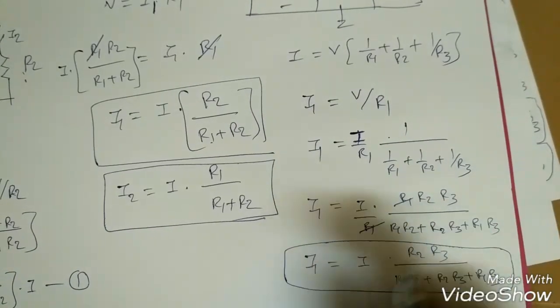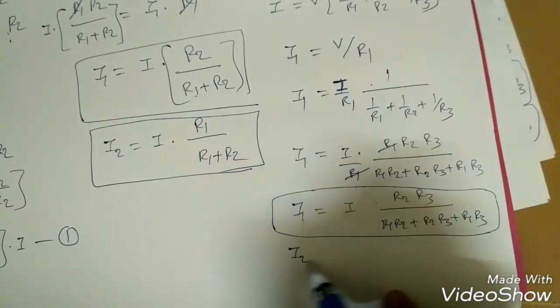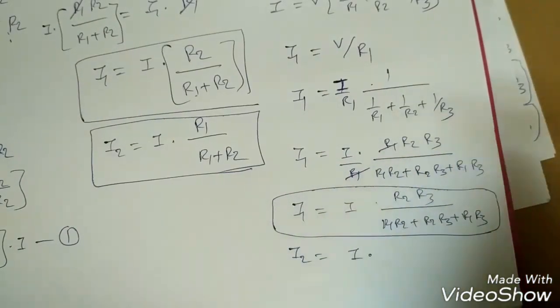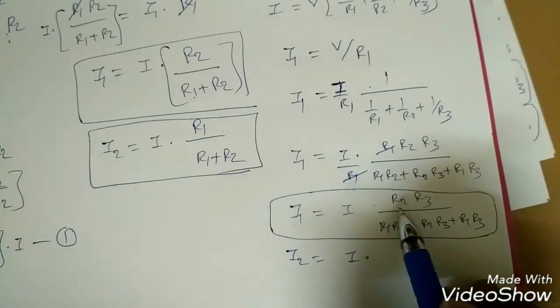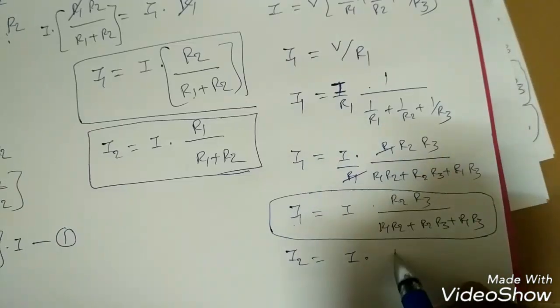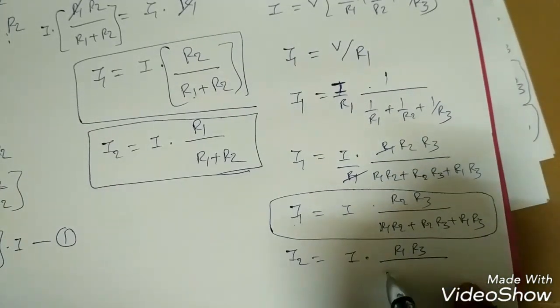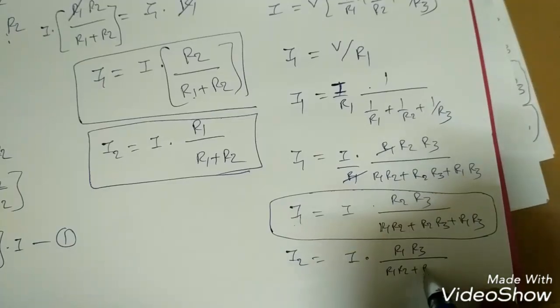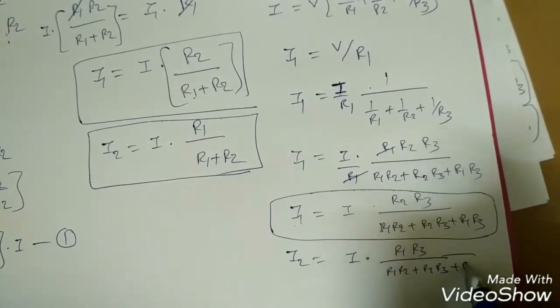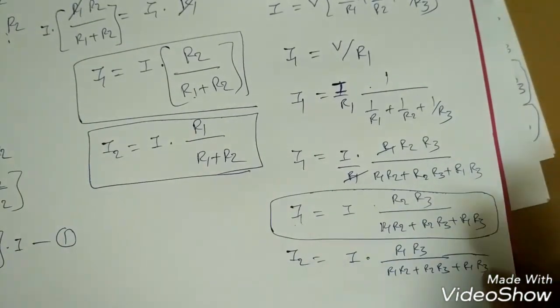Similarly, I2 is equal to I into, where R1 resistance is not there for I1, and for I2 we get R1 R3 by the same denominator: R1 R2 plus R2 R3 plus R1 R3, right?